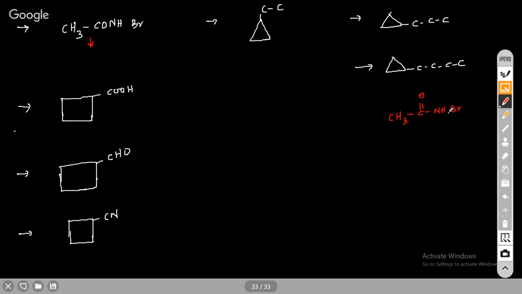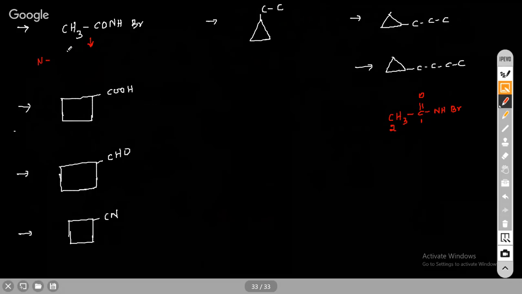Again in amide also, numbering will start from the carbon atom of the functional group, 1 and 2. CONH2 is amide. When you write CONHBr, it means one of the hydrogens of nitrogen is replaced by bromine. So in this compound, whatever atom or group or substituent is attached to nitrogen, the name is written like this. Capital N stands for nitrogen.